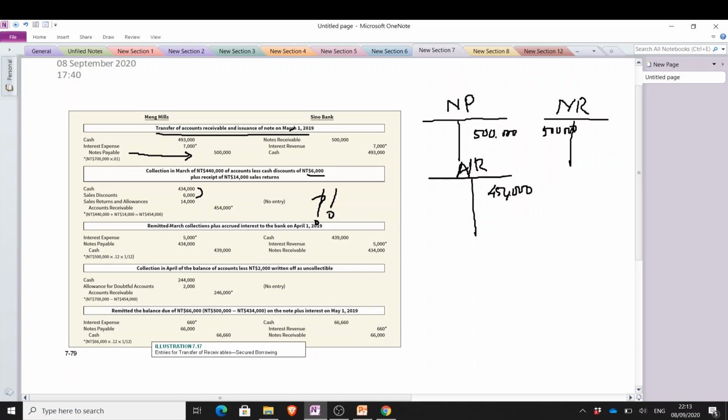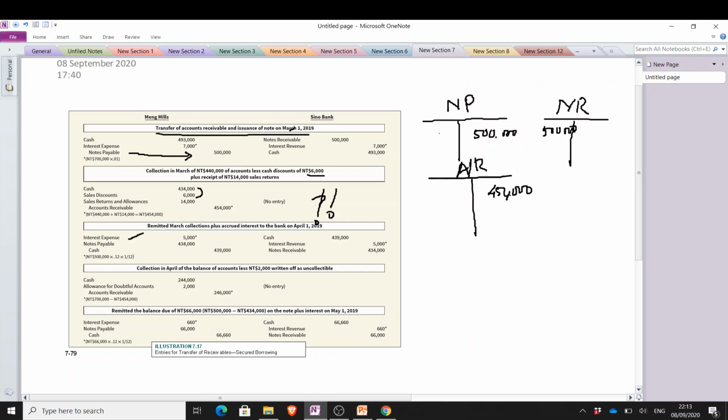And then it remitted the March collection plus accrued interest to the bank on April 1, 2019. So Mang Mills sends the money to the bank. It records interest expense of 12% times one month per 12 months, so it equals 5,000, and notes payable of 434.